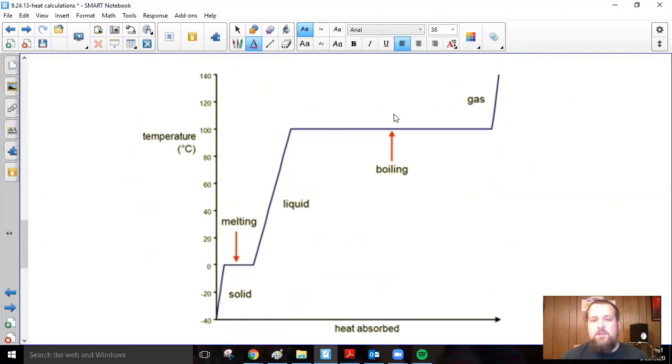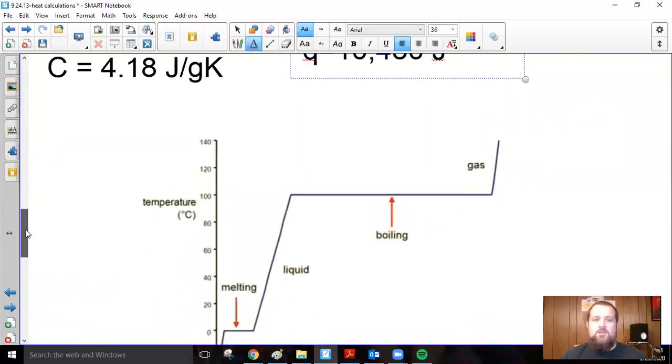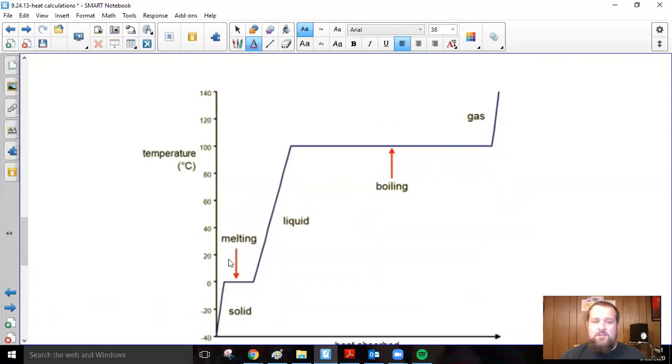It still takes energy to boil the substance, but the temperature is not changing. So if we tried to use this formula up here with a temperature change, we plug a 0 in here and we'd end up with an answer of 0, which wouldn't make sense. We are heating it. It's just, it's not the kinetic energy changing, it's the potential. So we need different formulas for these two sections.